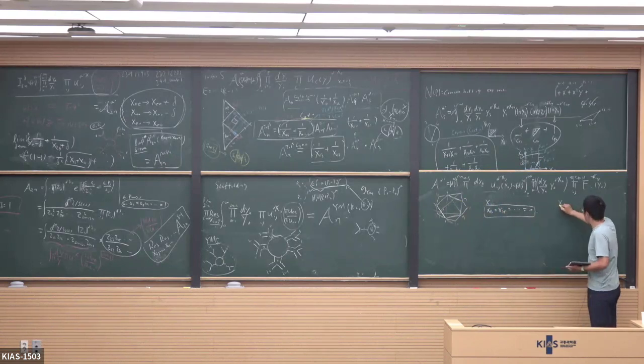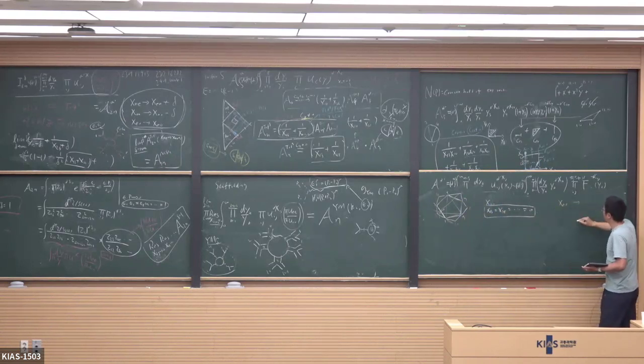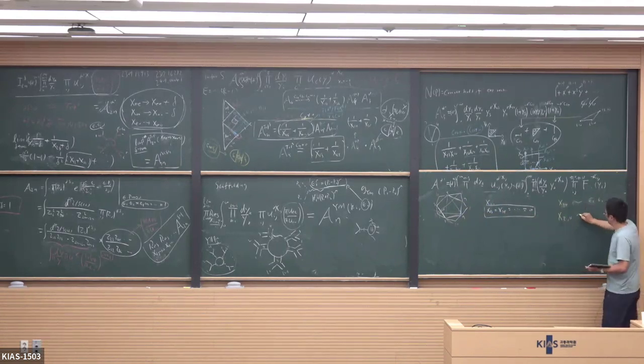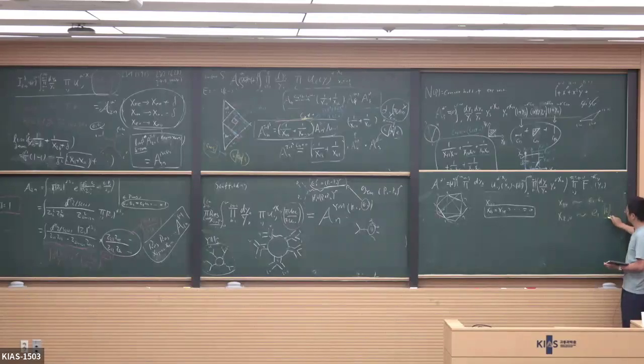Actually, I can tell you that x even, like x24, is roughly speaking related to epsilon 1 dot epsilon 2, for example. And x even-odd, say the even is 2 with some odd, will be related to epsilon 1 dot some k, some gluon momentum.